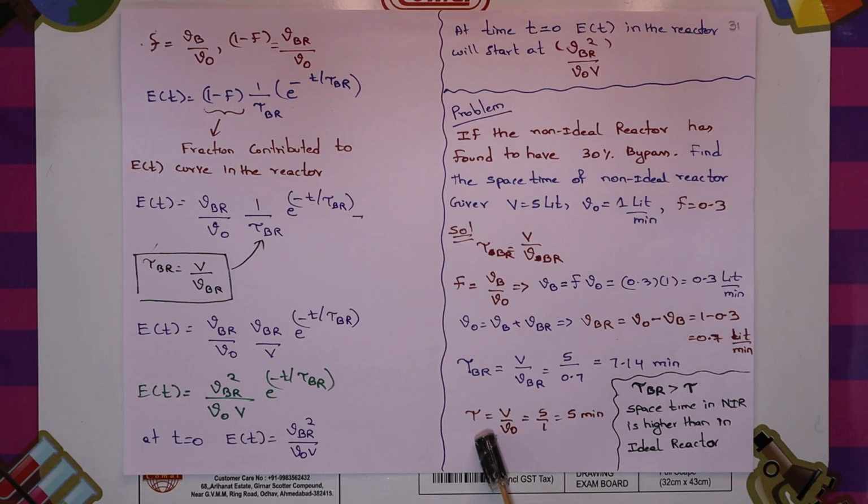One is the ideal case, one is the non-ideal case. The ideal one is 5 minutes, and because of the bypassing issues the space time of the actual reactor is 7.14 minutes. So the actual space time in the bypassed reactor is greater than the space time of the ideal reactor. Because of the bypassing issue the space time of the reactor has increased compared to the ideal reactor.